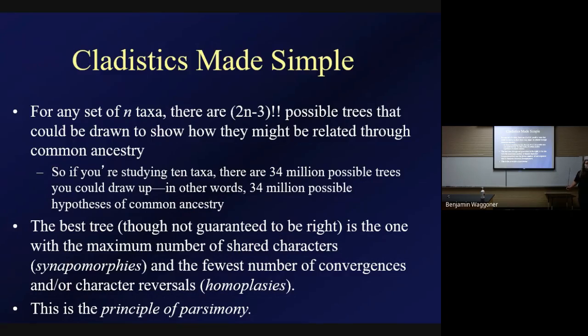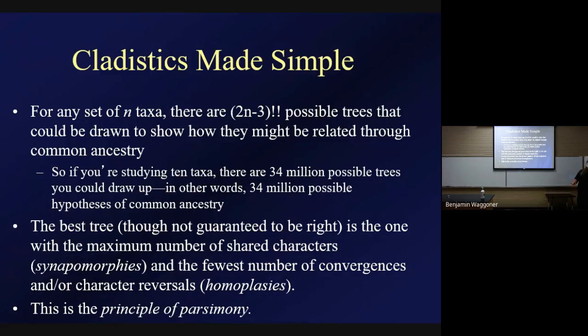If we had 10 species, and we wanted to draw up a tree of how they're related, the total number of possible trees turns out to be 17 double factorial. 17 times 15 times 13 times 11 times 9 times 7 times 5 times 3 times 1.